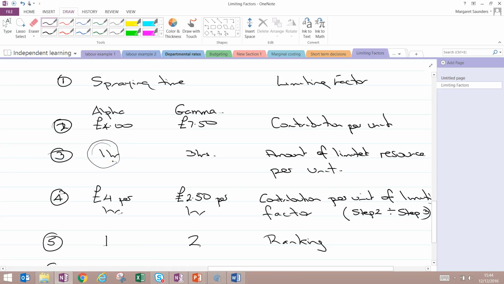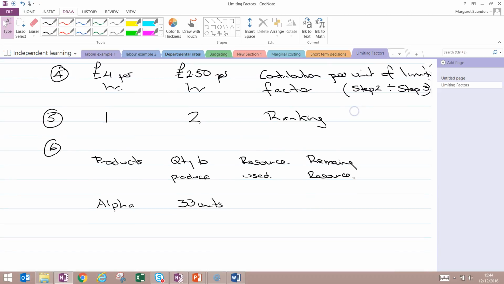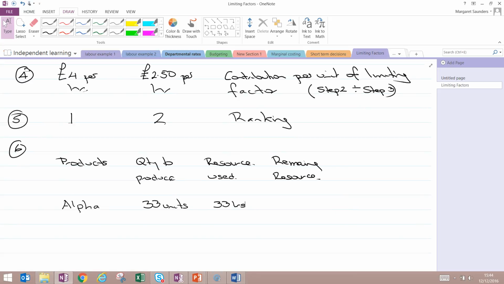So if we do 33 alphas, we will use up 33 hours. So what does that leave us with? Well, we were told that we only had 45 hours available. If we use up 33 producing alphas, we have 12 hours left.